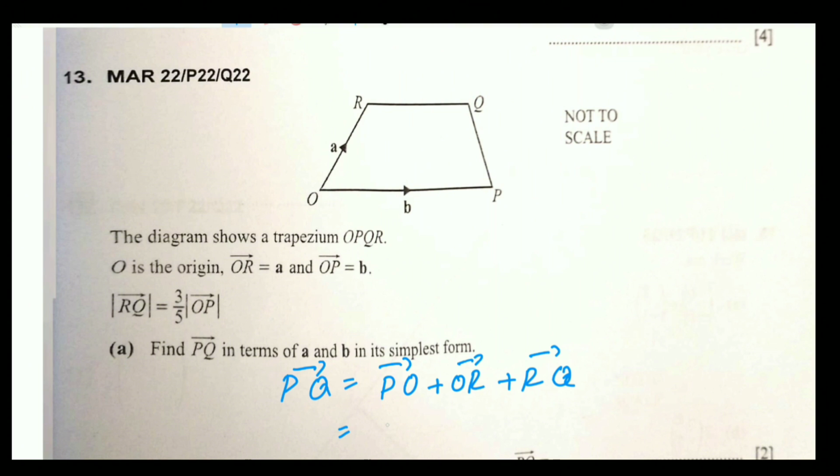So PO is, P to O, negative P, and O to R, positive A.